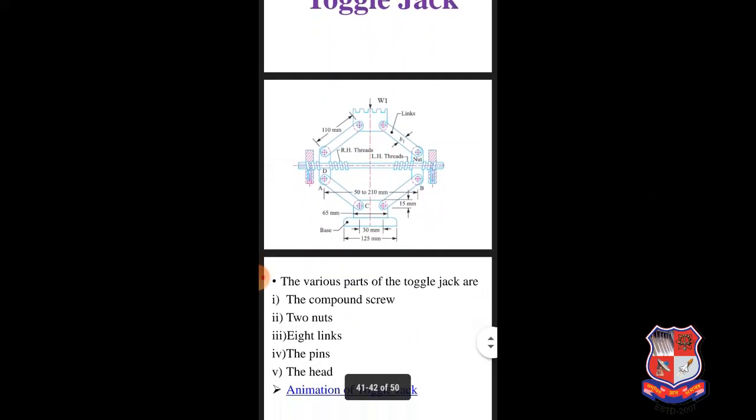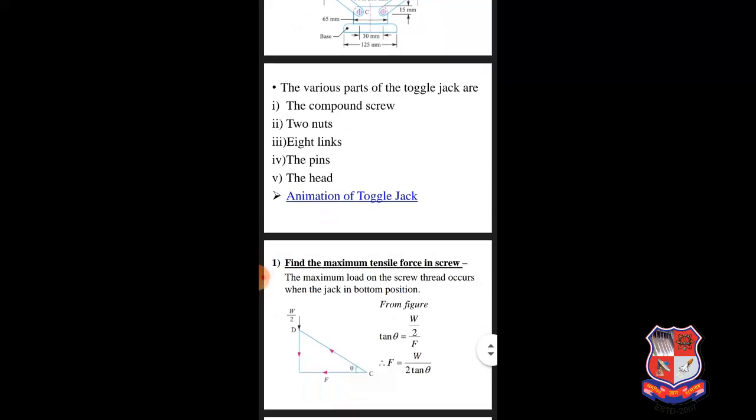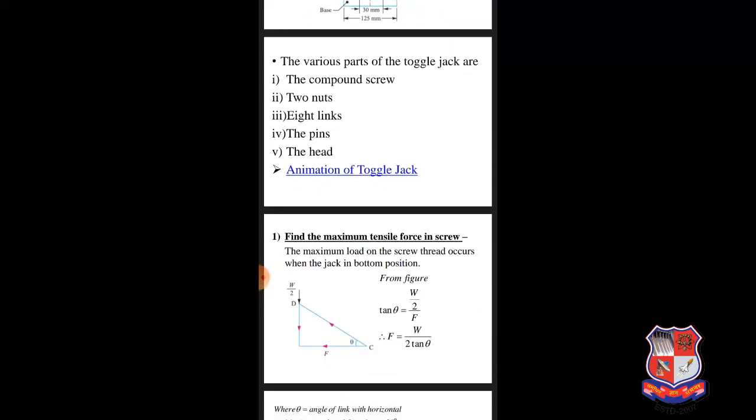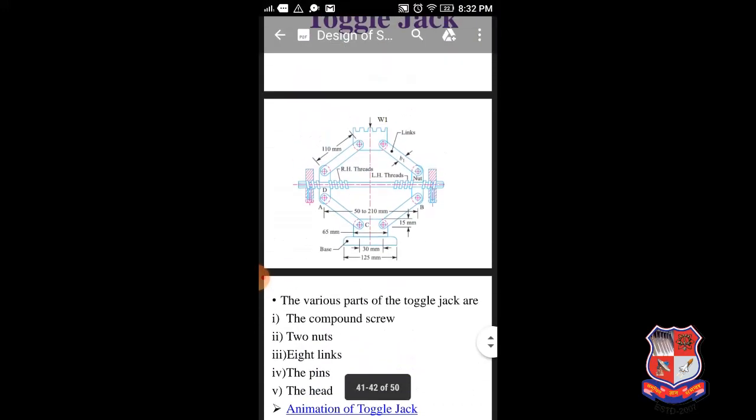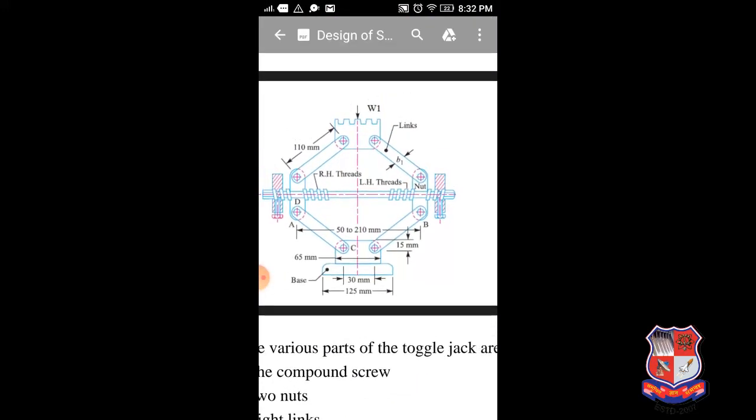Now you can see the design of toggle jack. That is a compound screw, 2 nuts, 8 links, the pins and the head. This is a diagram of the toggle jack.